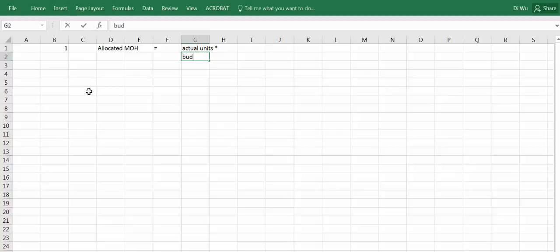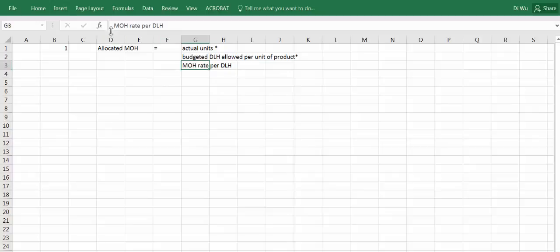So I would put the budgeted labor hours allowed per unit of product. Then we want to multiply this by, finally, the manufacturing overhead rate per direct labor hour. So you need to have 3 of them. That's how you can find it.